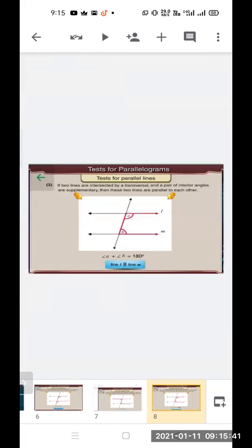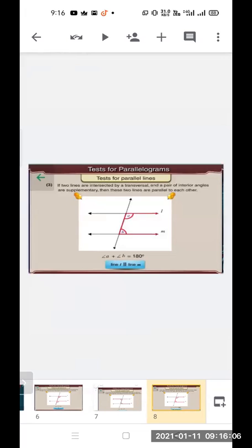That is the corresponding angle test, the second is the alternate angle test, and the third is the interior angle test. In alternate and corresponding angles, the angles should be congruent. And in the interior angle test, the angles should be supplementary. Got the difference? I hope it is well clear and understood by you.